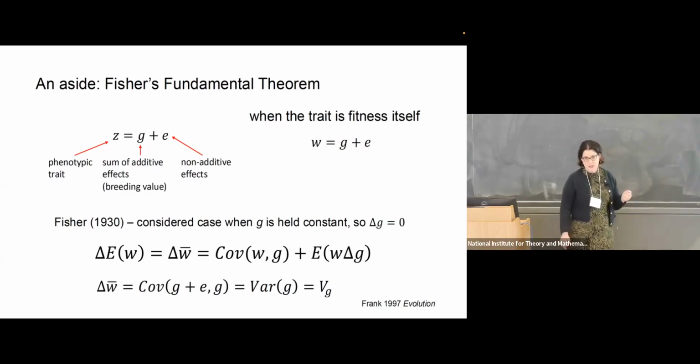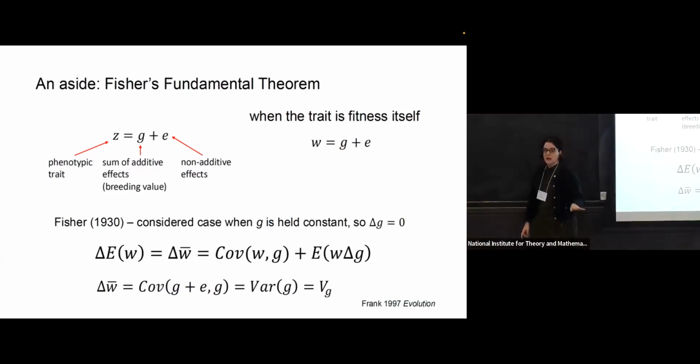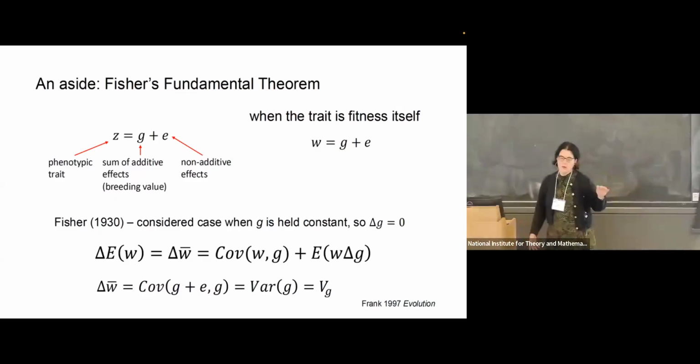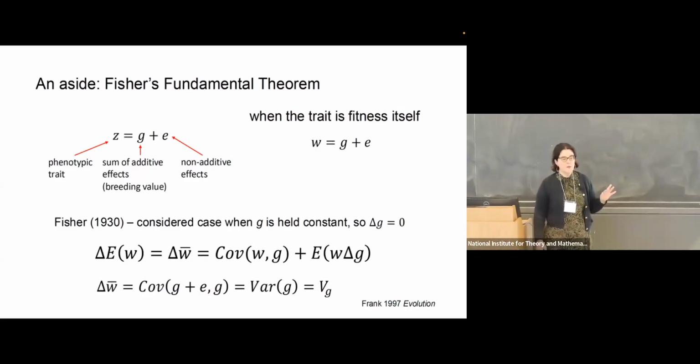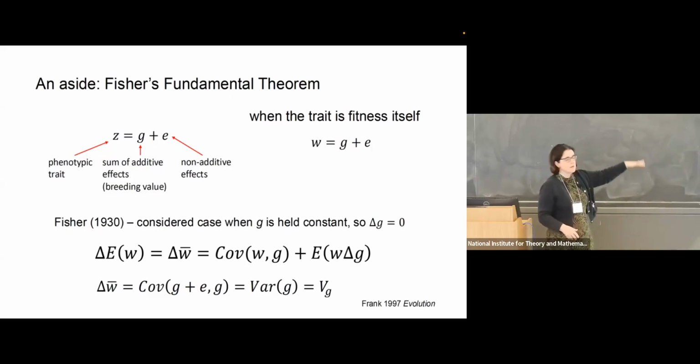So selection by itself can only change mean fitness for a population in a positive direction or not change it at all. And so that's where we get this idea that selection moves a population up a slope of increasing fitness always. But that falls naturally out of the Price equation.